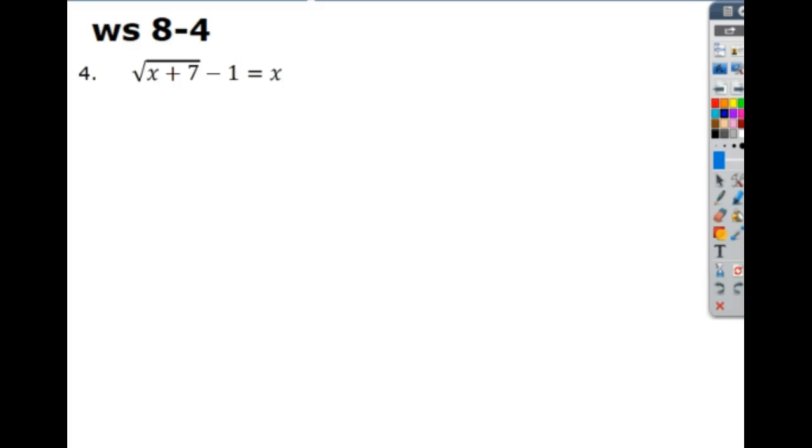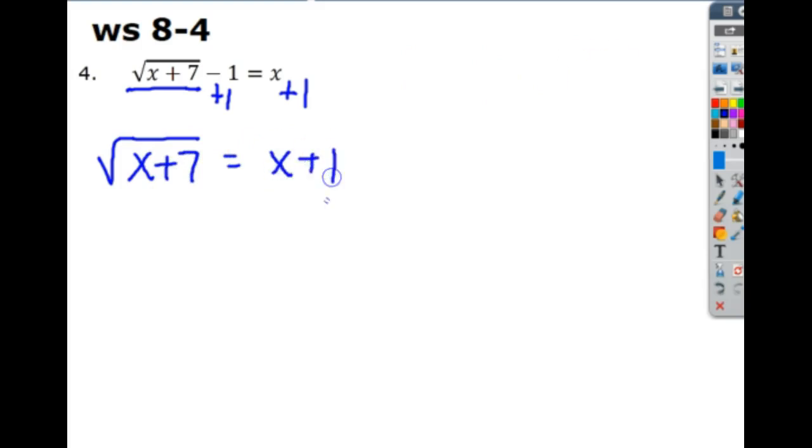So, step number 1 says to do what? Isolate. If this radical is not already by itself, I need to isolate this, so I'm going to need to add 1 to both sides so that this will be by itself. That's called isolate.